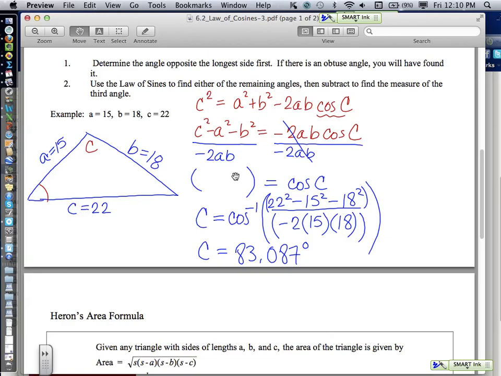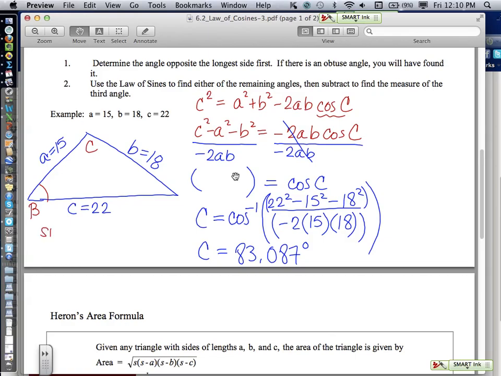So at this point, we know both of the other angles are acute, so it doesn't matter which we solve for using law of sines. So let's go ahead and maybe I'll solve for this angle over here. I'll solve for B. Doesn't really matter. So solving for B, I want to pick the sine, making sure I'm using sines for the law of sines.